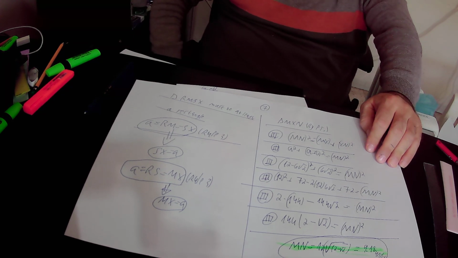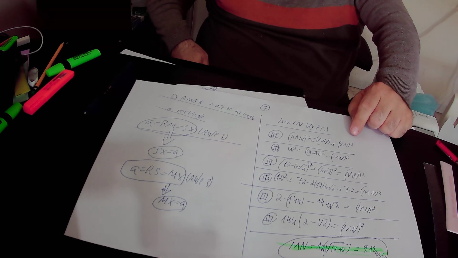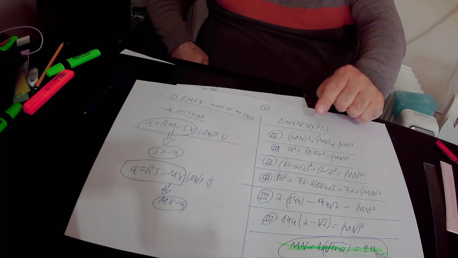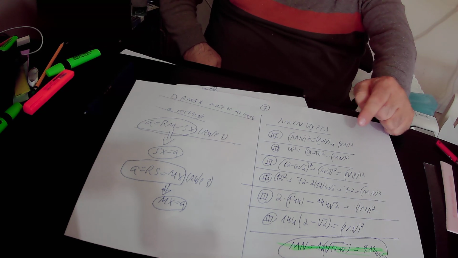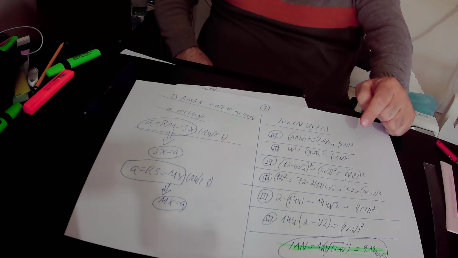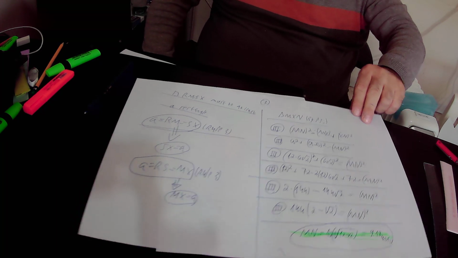According to the Pythagoras theorem, MN squared equals MX squared plus XN squared. MN is the hypotenuse, so the square of the hypotenuse equals the sum of the squares of the perpendiculars. So, what is the value?